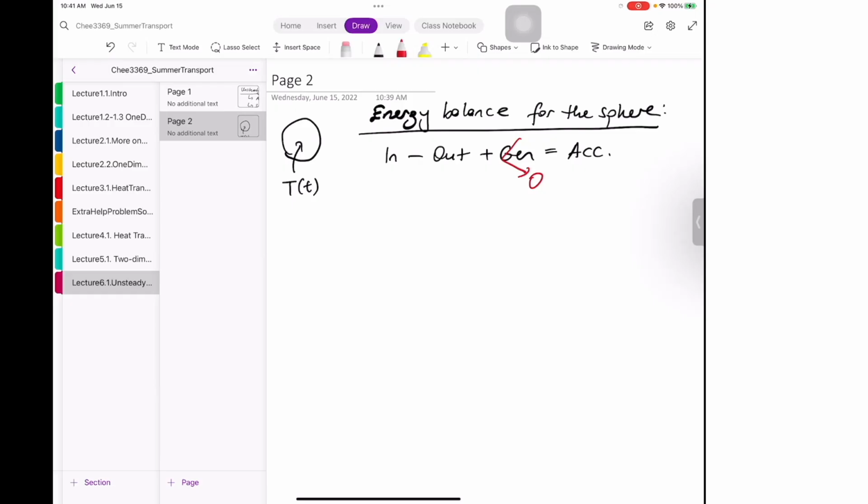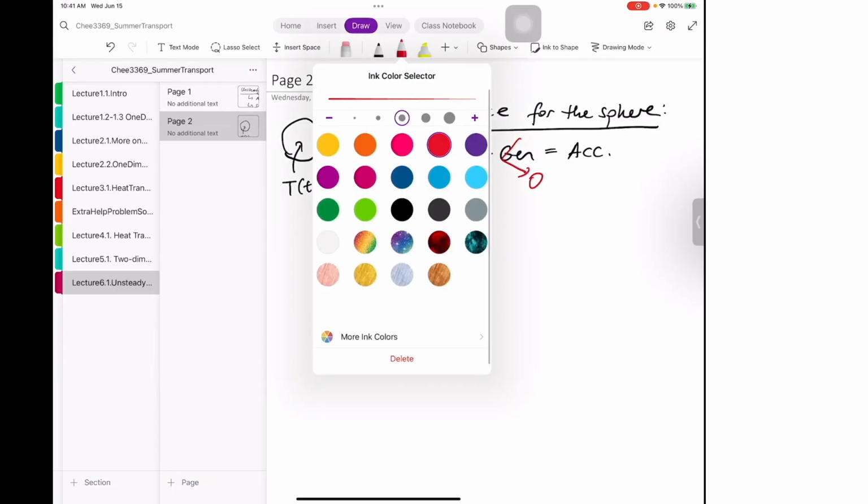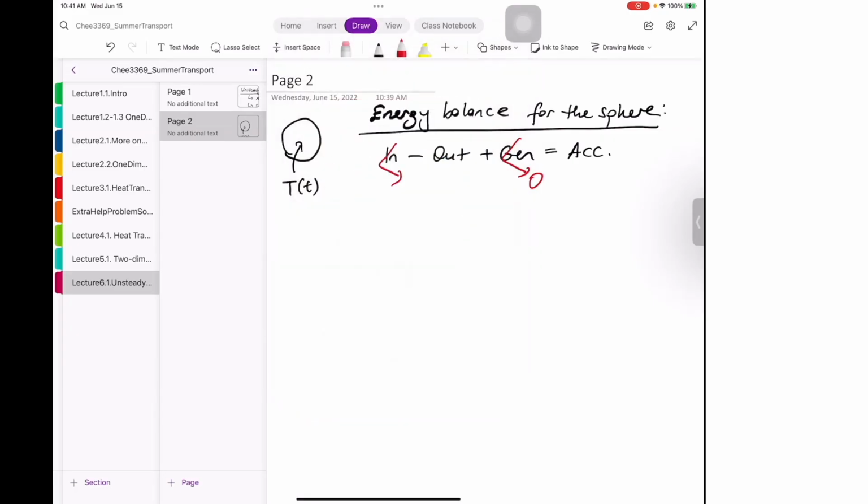How about the accumulation? Any idea? What is the accumulation? Zero? No, accumulation is not zero because this is a transient problem. Things are going to change with time. But there's something else which is zero. It's the in, because I'm assuming that the sphere is hotter than the fluid.